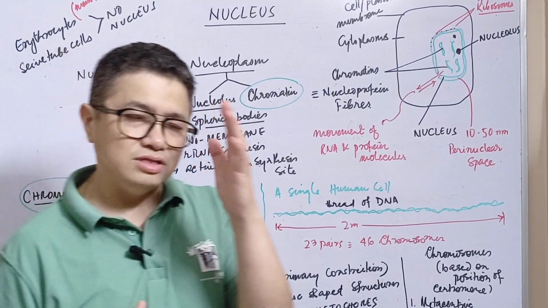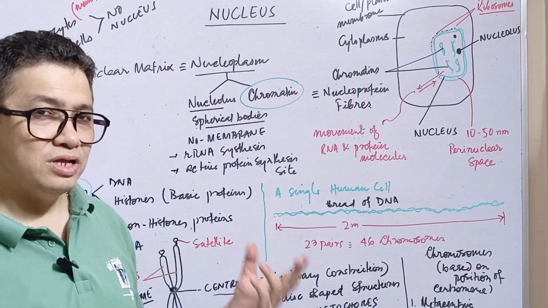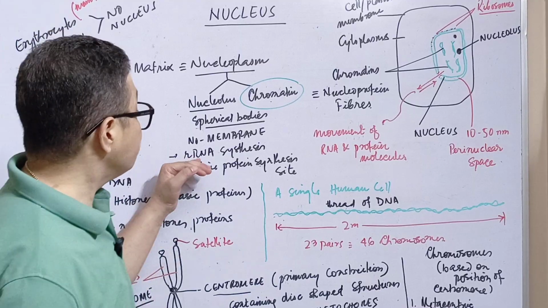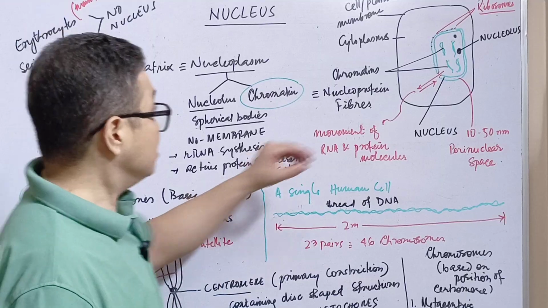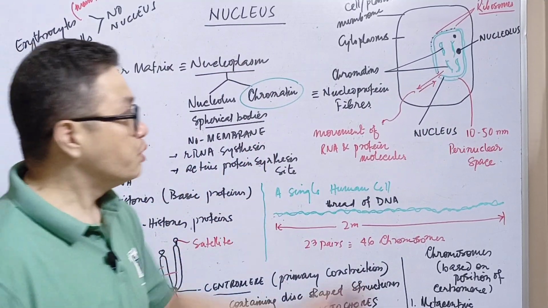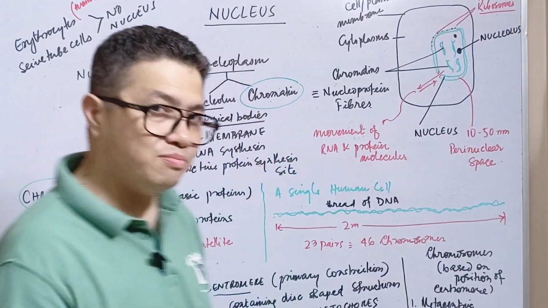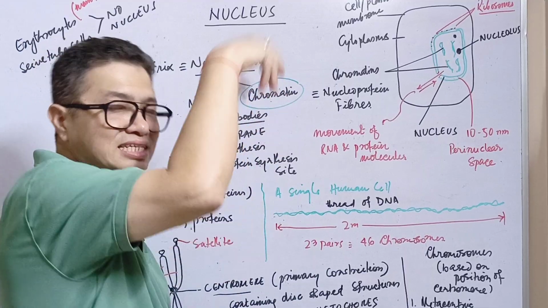You know that there are three kinds of RNA: messenger RNA, ribosomal RNA, then transfer RNA. So the rRNA synthesis takes place in this nucleolus, and not only that, it's an active site for protein synthesis. Protein synthesis भी यहाँ nucleolus में होता है. So it's a very important spherical body present inside the nucleus.